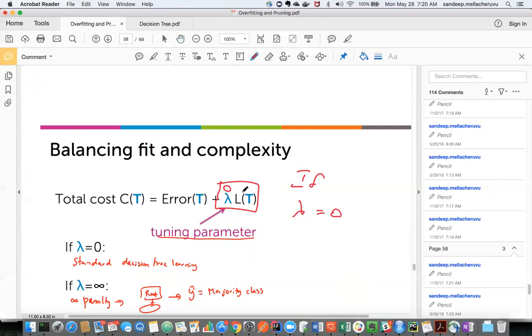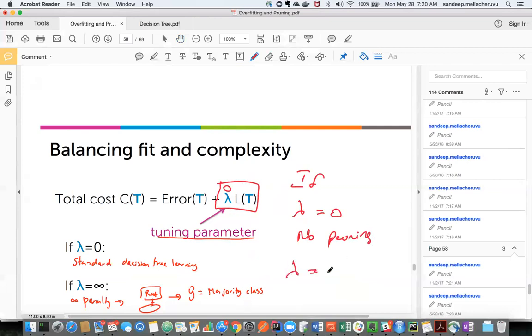If lambda equal to 0, L of t doesn't matter. Even if it is 50 or 100, that value multiplied by 0 will always be 0. So regardless of the number of leaves in the tree, the cost is unimpacted, which means you are not going to prune anything. So if lambda equal to 0, no pruning at all.